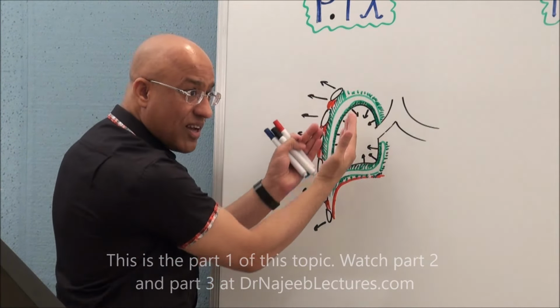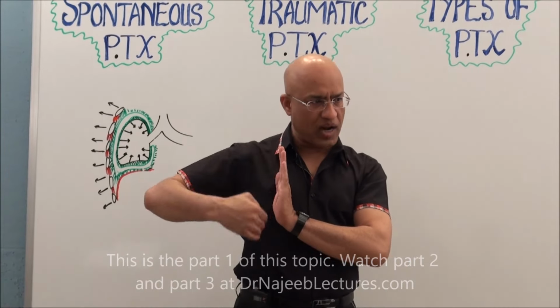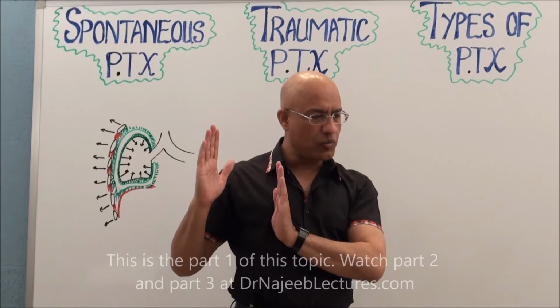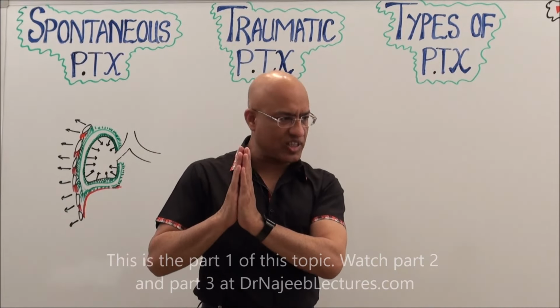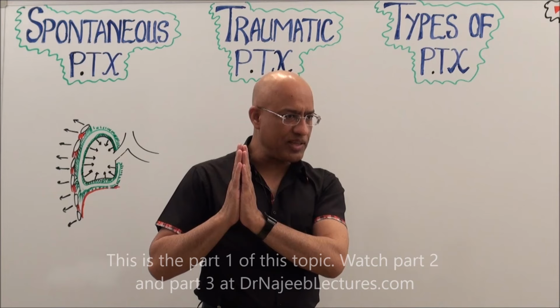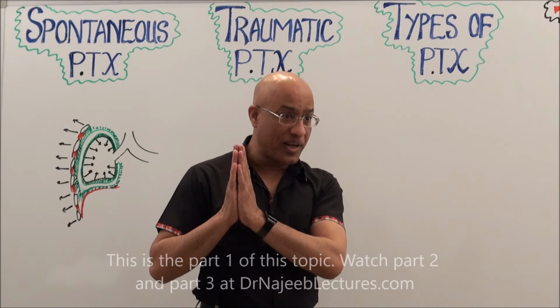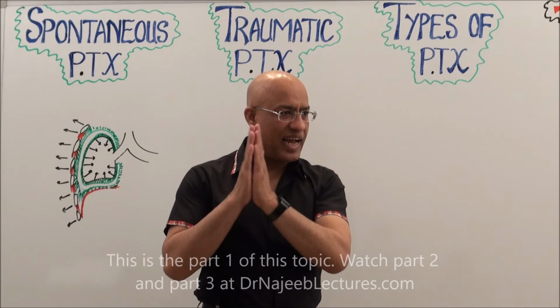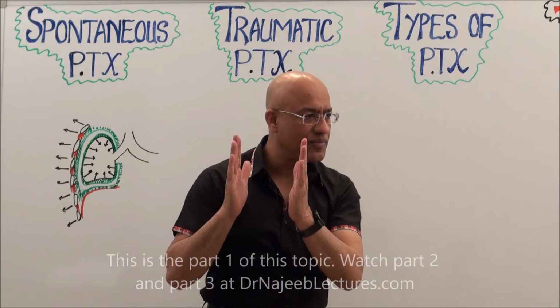If we consider that here is your lung, here is your chest wall, this is the visceral pleura and this is the parietal pleura. They have some sticky, lubricating fluid. They can glide on each other, but in a healthy situation they cannot separate.